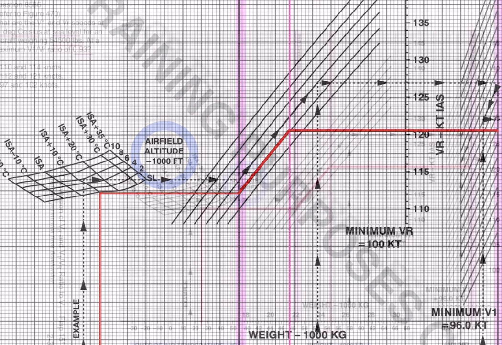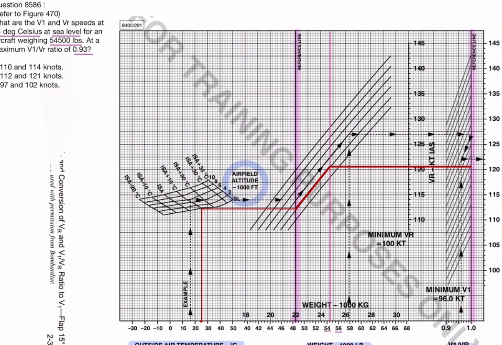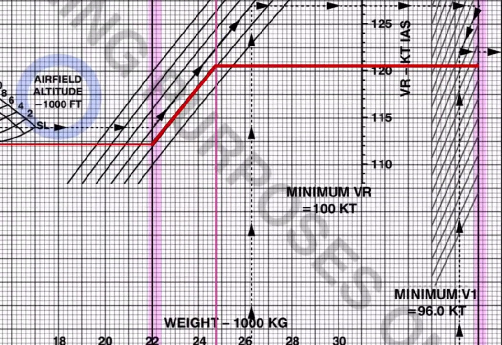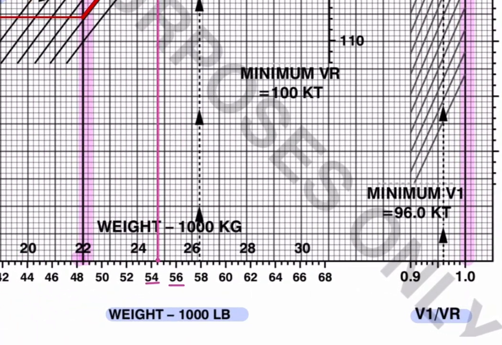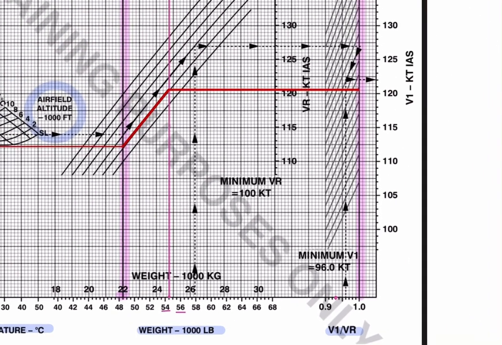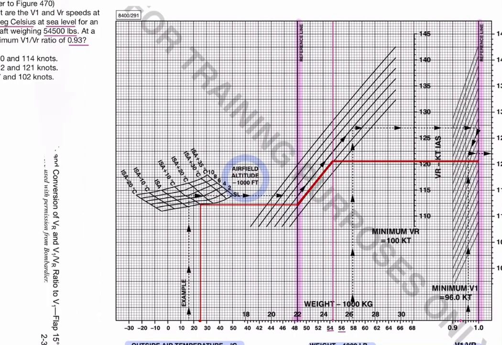Once I'm at that reference line, I now need to consider my V1 VR ratio. And remember, that was 0.93. So I'm going to make myself another reference line at 0.93, right about here, just so I know where to end that line.